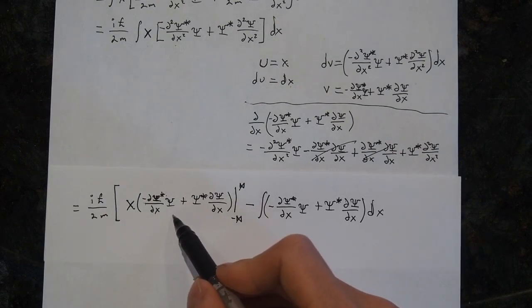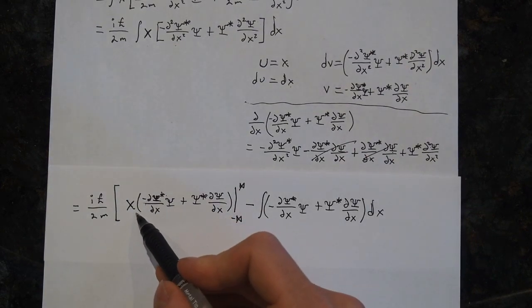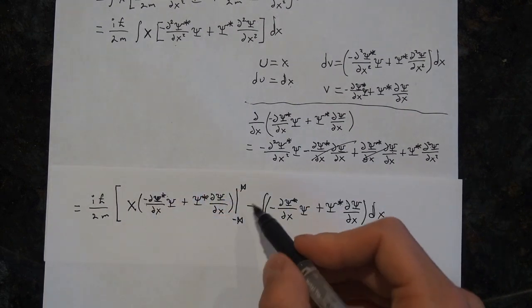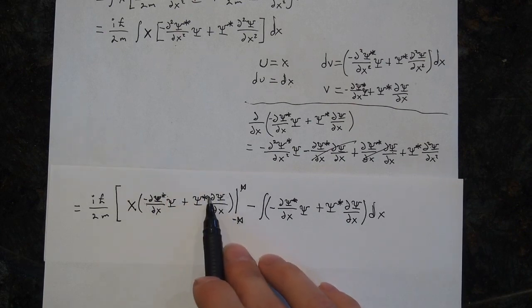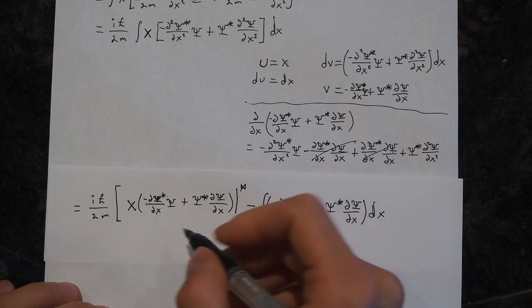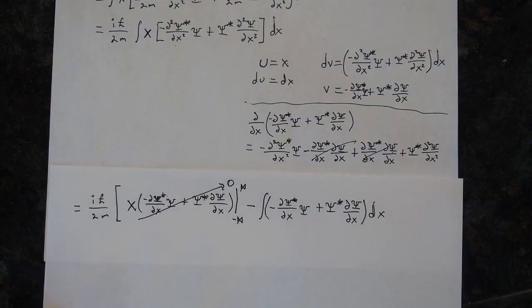It's either going to be some sort of exponential or a linear combination of trigonometric functions, but for it to be normalizable, it's got to go to 0, and it's going to go to 0 faster than a polynomial, especially of degree 1. So when we take the limits, these are going to tend to 0 much faster than x is tending to infinity, and we can send this entire boundary term to 0.